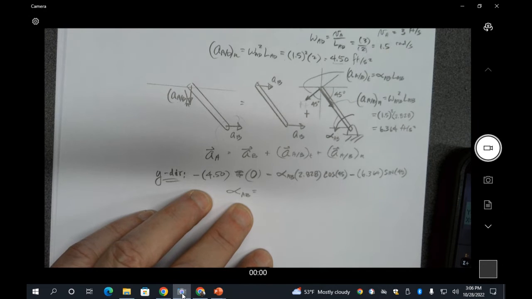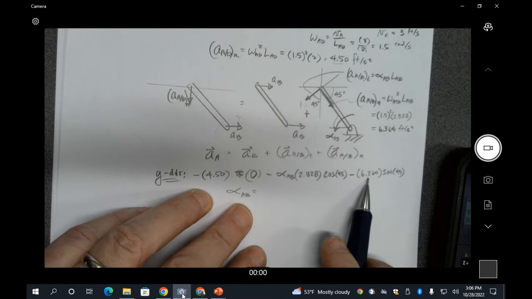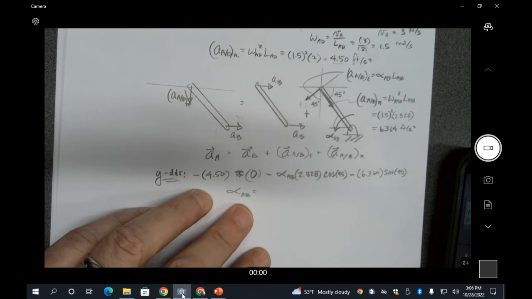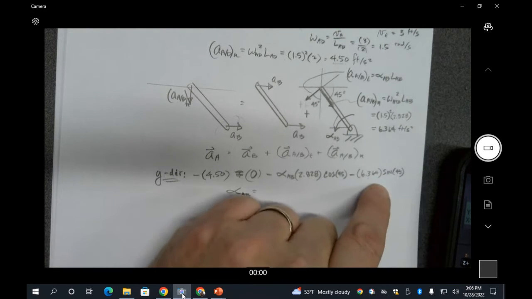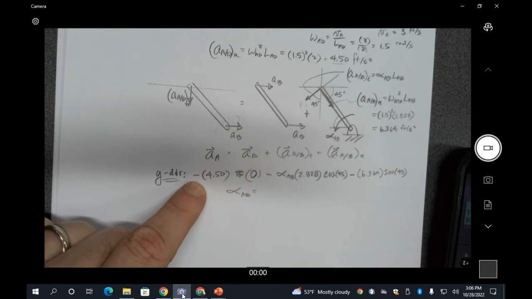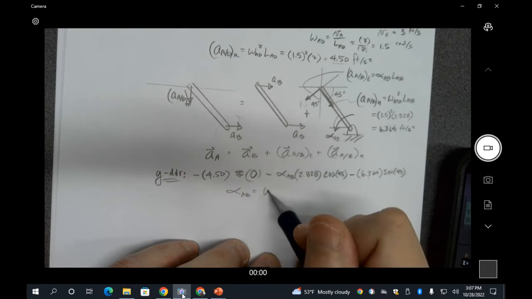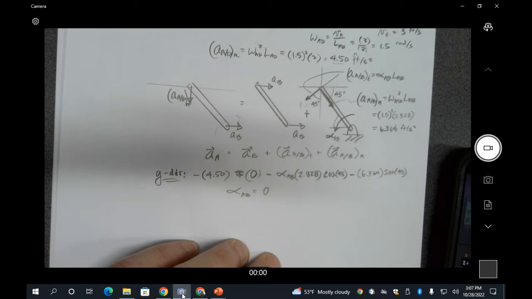And that ends up, this is interesting. This is weird, huh? I think there's a physical reason for that. That ends up being 4.5. So when we bring it over to the other side, it's going to cancel it out, so our conclusion is the angular acceleration is 0.